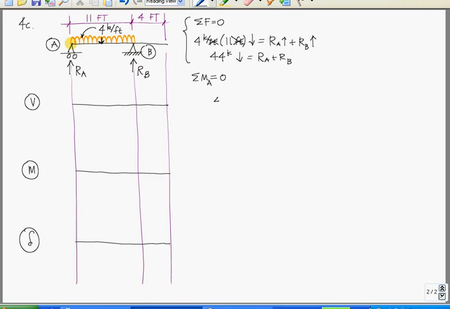So I'm going to take those 44 kips and multiply them by half of 11, 5.5 feet. And that force is going to cause a clockwise moment. And we're going to set that equal to R sub B, and its distance from point A, or the yellow dot, is 11 feet.